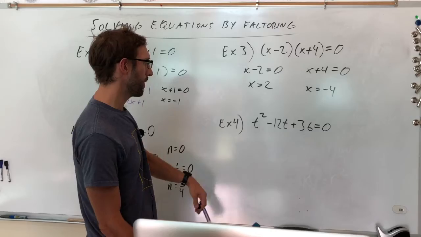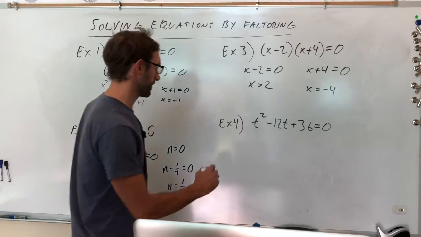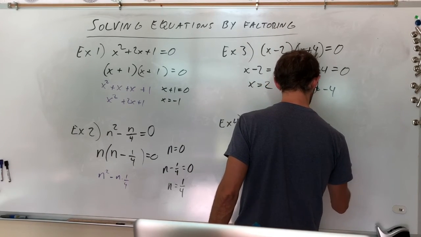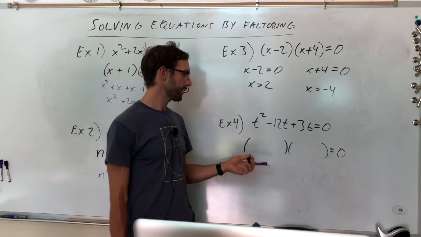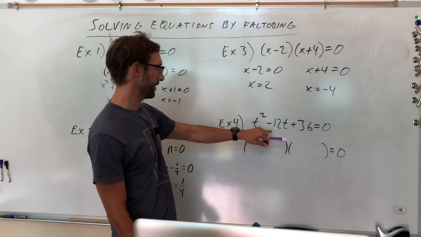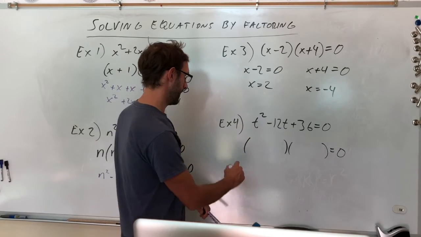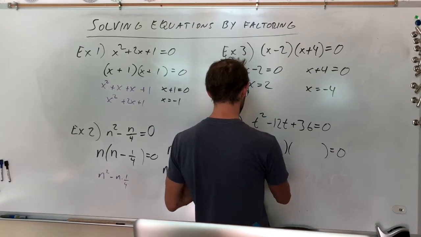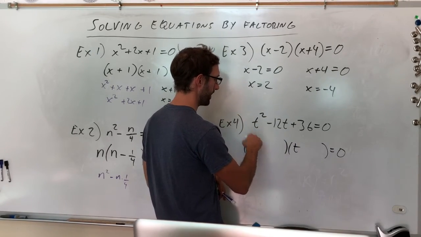Now, for example 4, it's going to be a factoring thing like this. So we need to factor this into its binomial factors and see if we can get this same trinomial. Let's see. The first term is t squared, so that means the first term in each binomial will be t, because t times t is t squared.